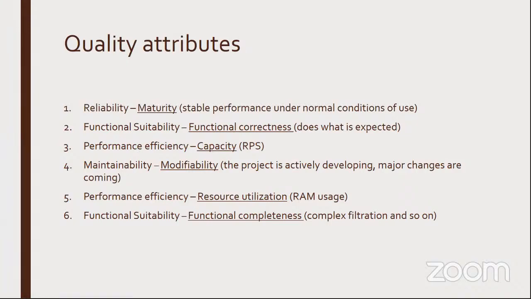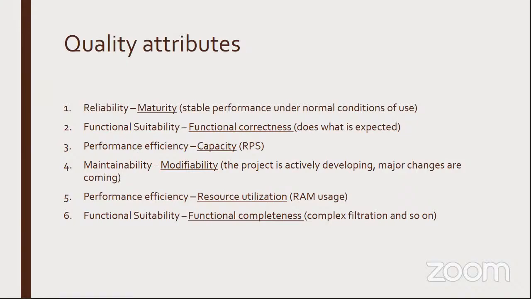So the product should work as it's expected from it. Next one is performance efficiency and the capacity sub-characteristic, because we need some level of requests per second to withstand, to not spend a lot of money on other servers.